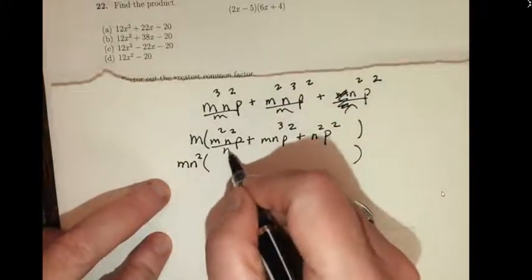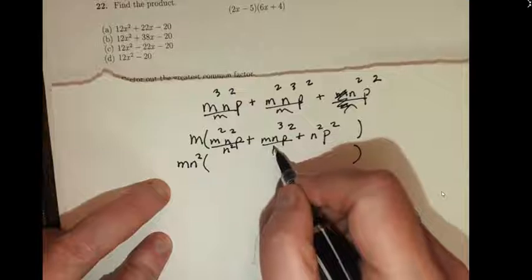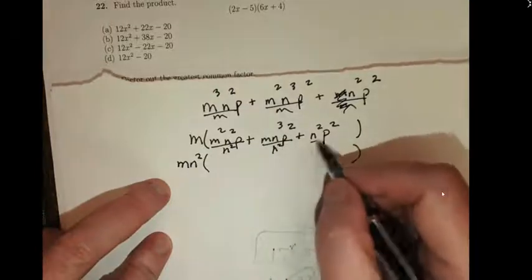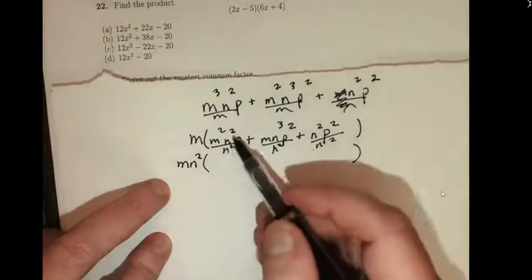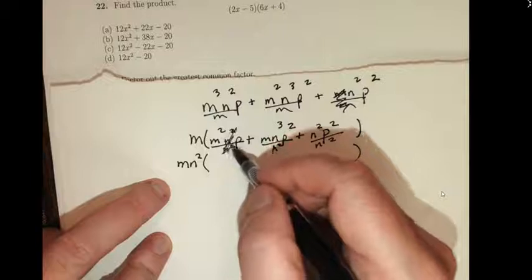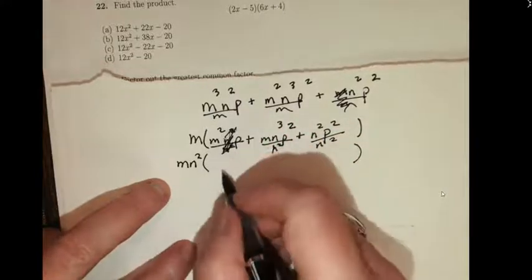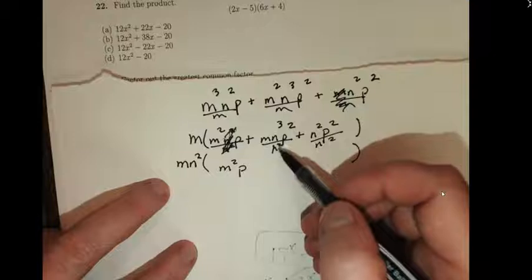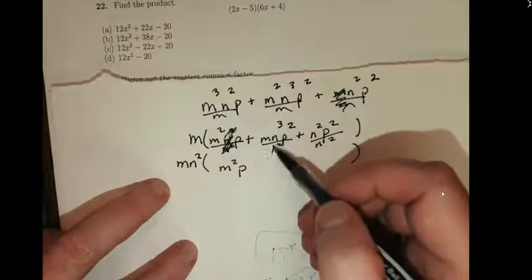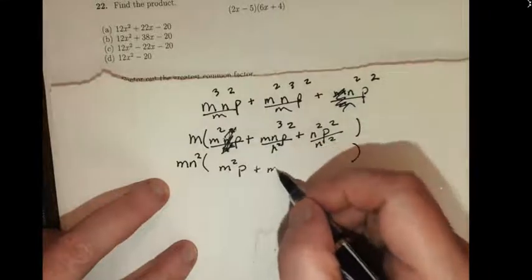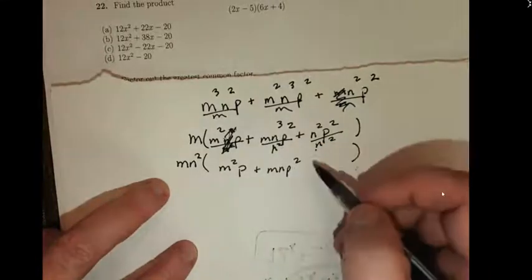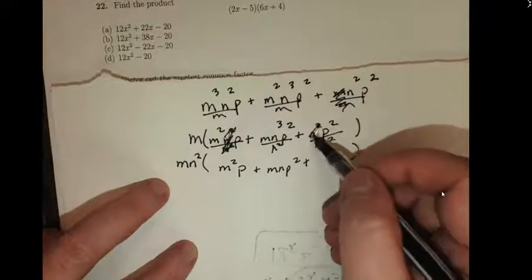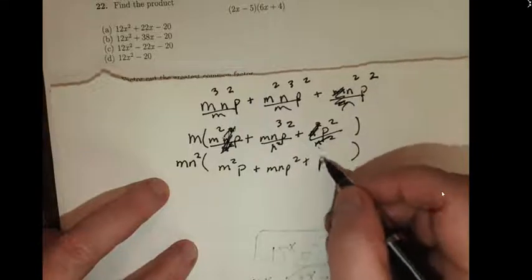Well, if I remove two N's, or factor out N squared from each of these, the N squareds here cancel, and I'm just going to be left with M squared times P. Here I have three N's, and I'm going to remove two of them, so I only have one left. And here the N squareds cancel, and I'm left with P squared.